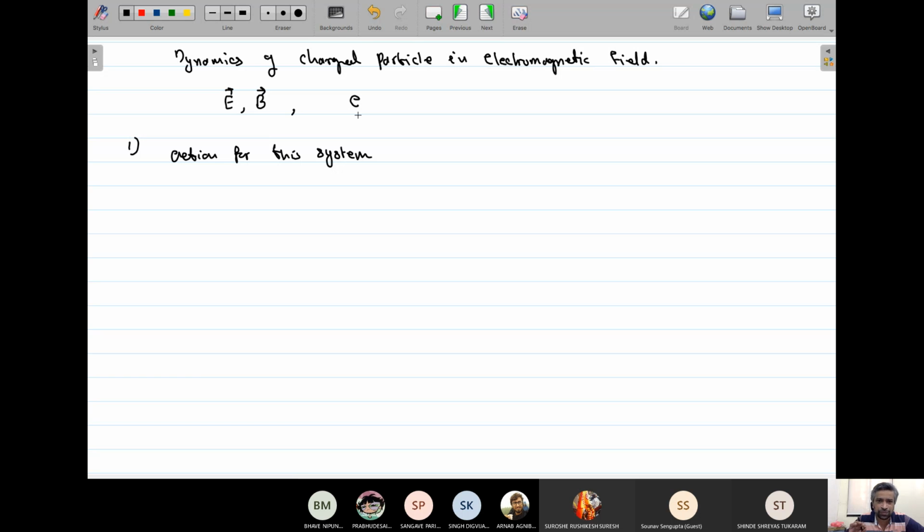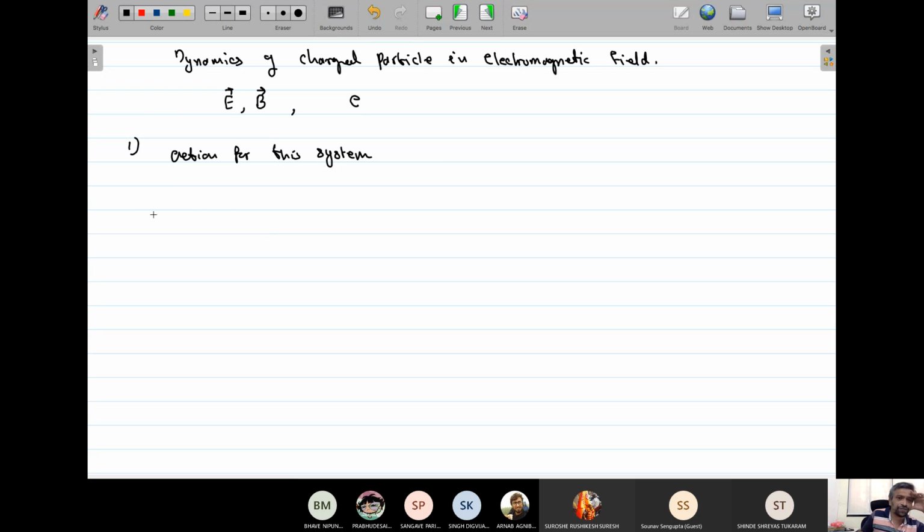The velocity of the charged particle is high enough that the Newtonian description is inadequate, so we have to use the rules of special relativity. So I have a highly energetic charged particle moving in a given electromagnetic field, and now I want to construct the action for this system.